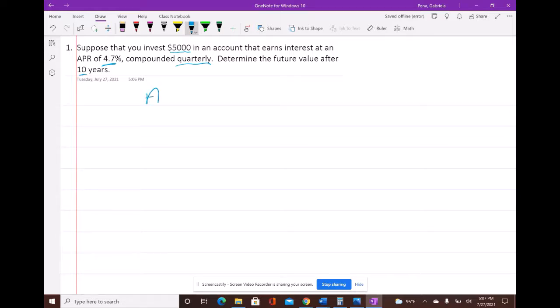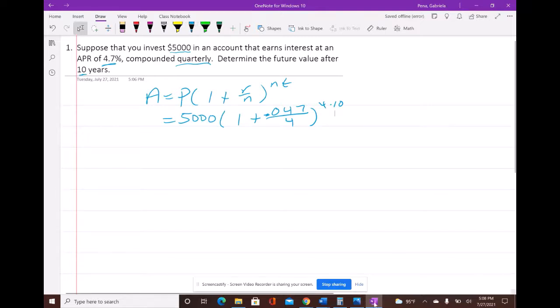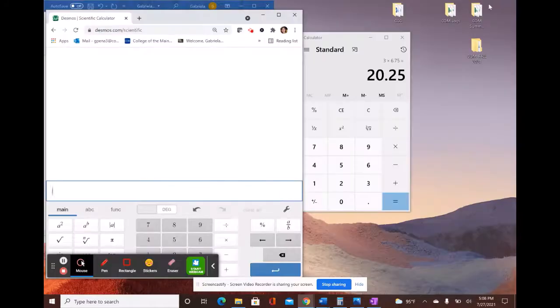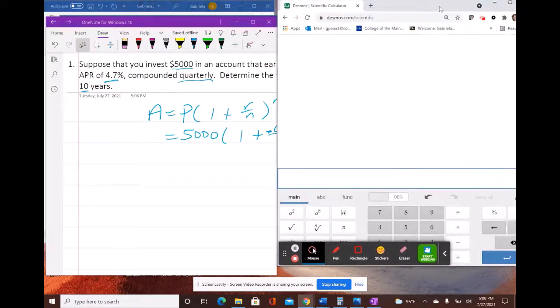So the formula, and maybe they're using different letters, but it's this one here. This is the amount that we're investing, which is 5,000. And then our percent as a decimal, 0.047 over 4, since quarterly means 4, to the power of 4 times 10. So I am going to open up the calculator. Maybe I could make this a little bit smaller so we can see both things.